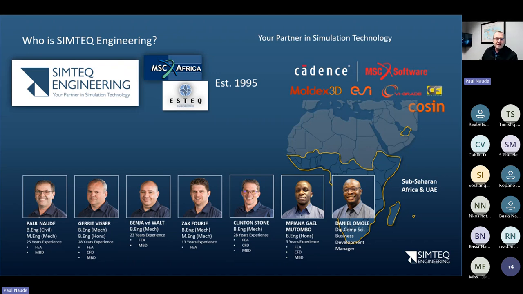We had a few name changes along the way, and today we are called Simtech Engineering. On the screen, you see our technical team, and we have represented various engineering technology companies across Africa and the UAE. We specialize in engineering analysis and simulation technology, and we cover a complete range of tools that you need when you develop any physical product.